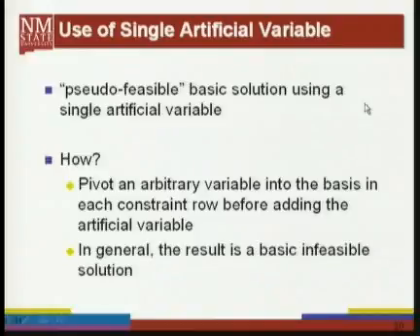And in general, the result is a basic infeasible solution with one or more basic variables negative, right? Is that clear? Then let's take an example for this.